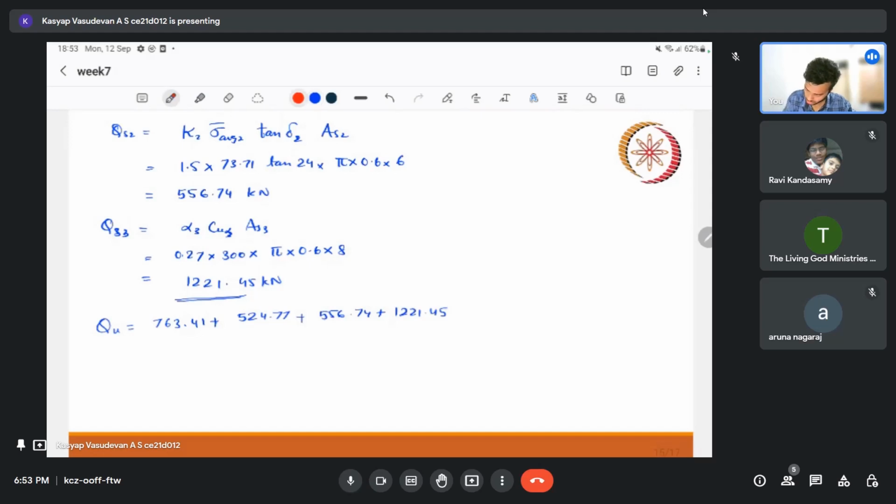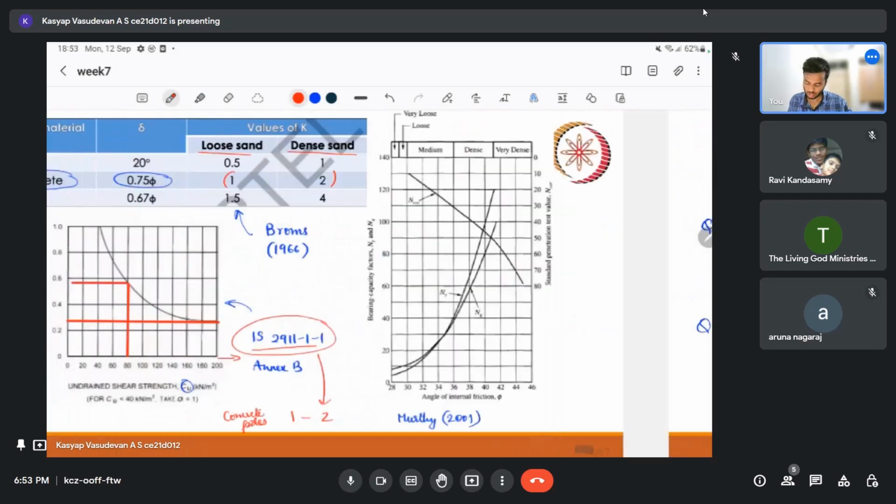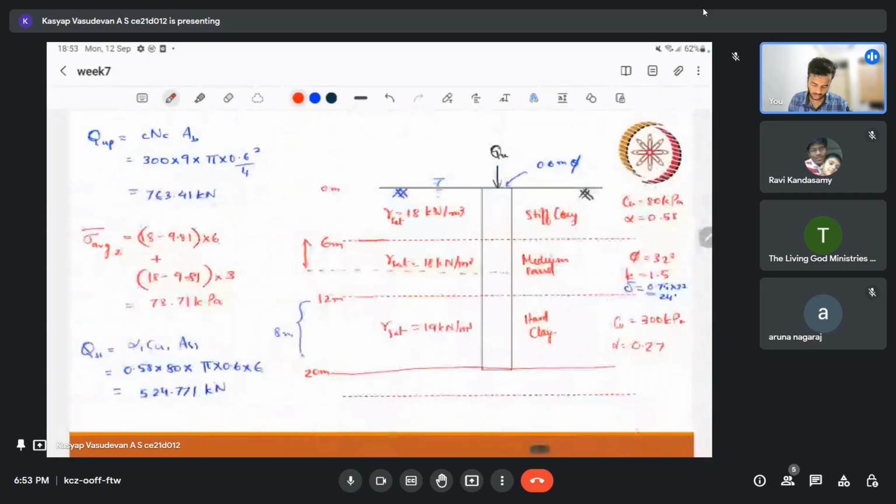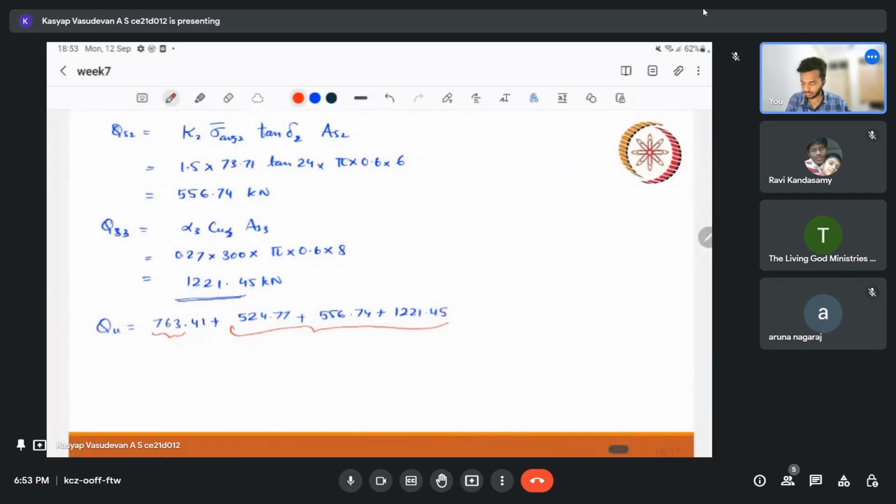So you just observe here, this is a very huge number, because the bearing capacity is also quite higher, because our last layer is very strong, so even the bearing term is quite high. But I wanted to emphasize that skin friction is very high, so that's why analyzing that becomes very important.